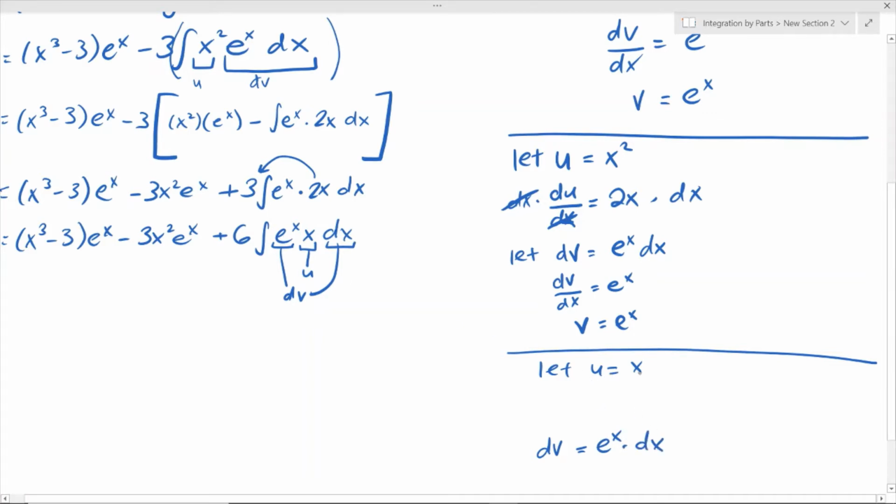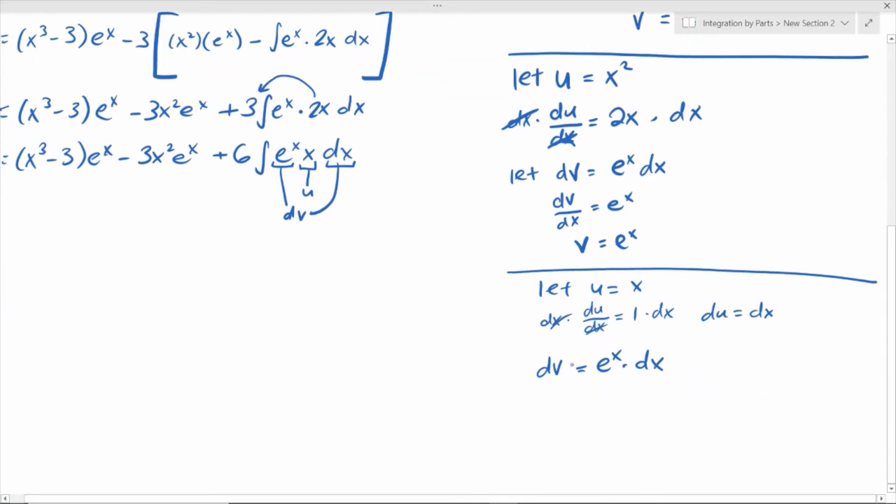And so u is equal to x, so that means the derivative of u, du over dx, is basically 1, so that means du equals dx, because we are multiplying both sides by dx. Cancel, cancel, that's how we get du equals dx.